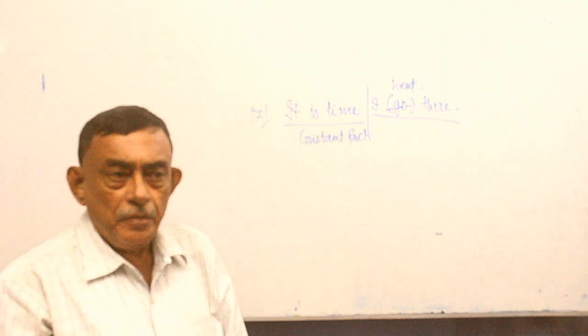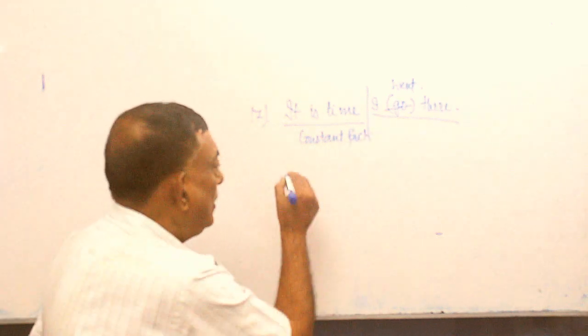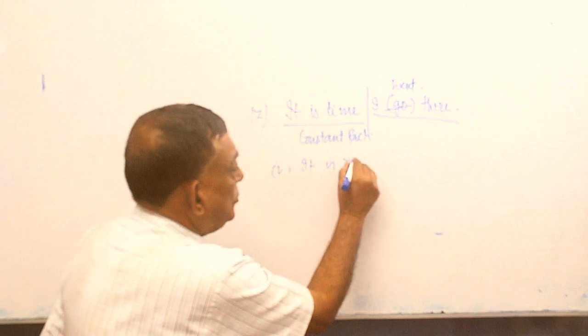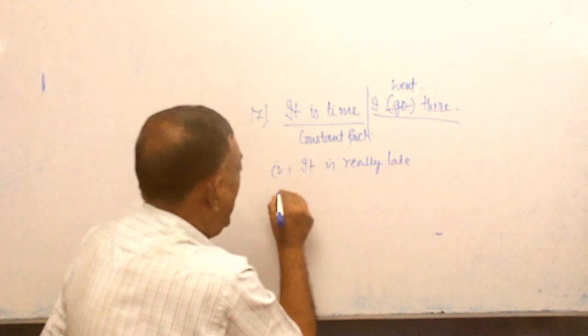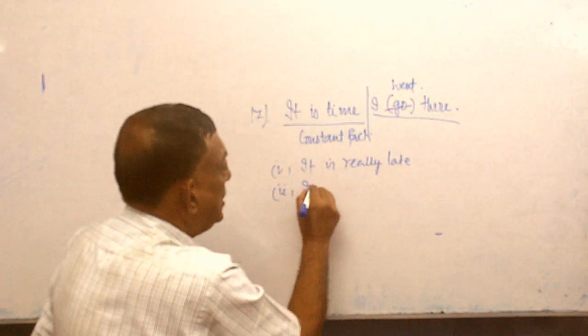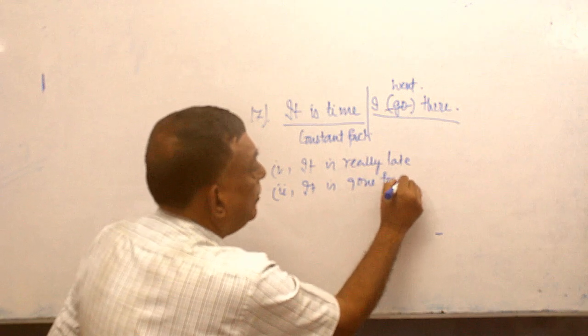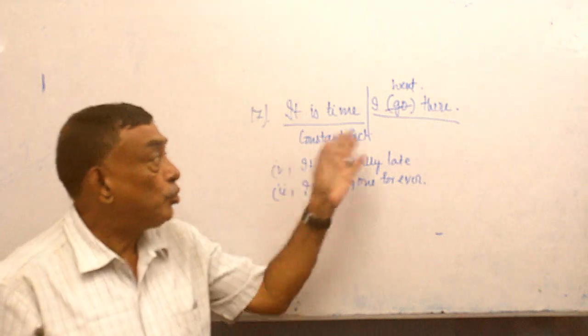So I have been delayed because this sentence shows two things. First of all, number one, it is really late. And number two, it is gone forever. Now these are the two things that have been shown over here.